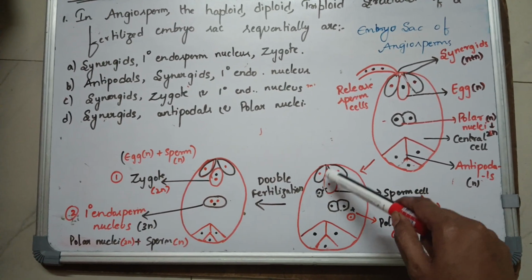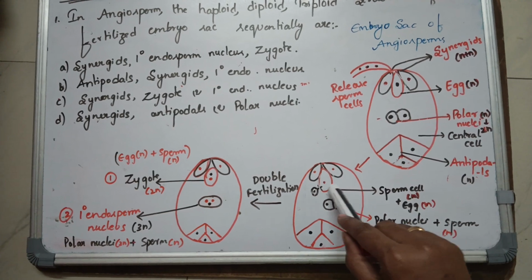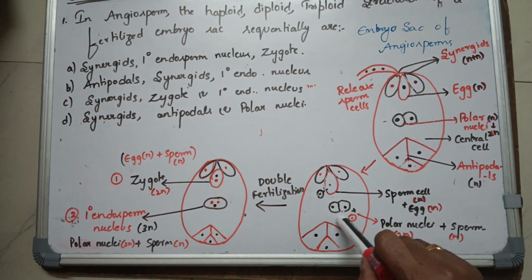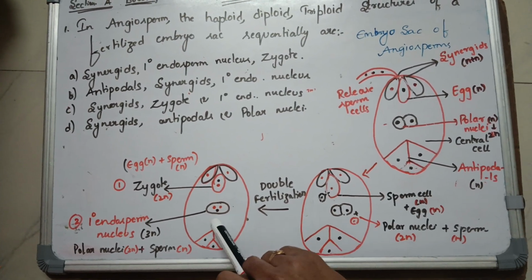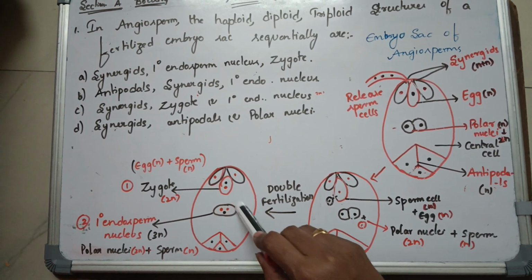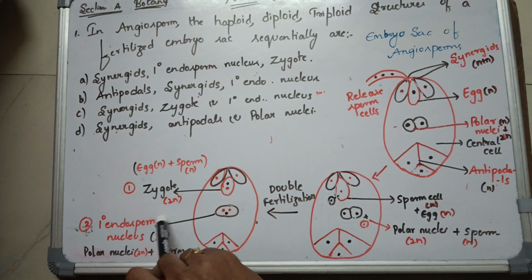Now, the second fertilization. If you see the structure, you can see the two polar nuclei in the center. These two polar nuclei combine with another male gamete, that is a sperm cell, to form a triploid primary endosperm nucleus. Why? Because this is the first nucleus formed between them, that's why it is known as the primary endosperm nucleus.